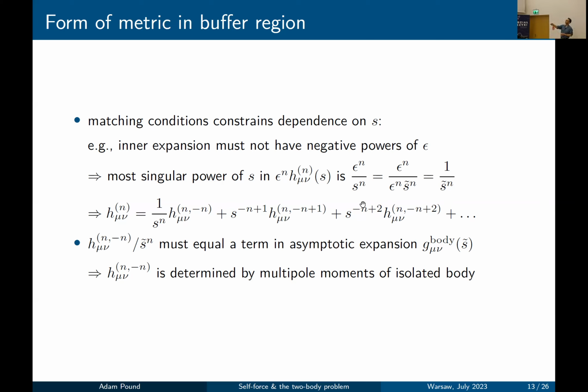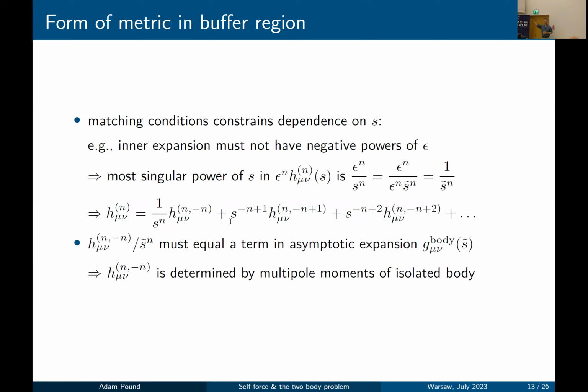Okay, so say we take the nth order perturbation and expand for small s. As I just explained, the most singular term can just be 1 over s to the n. You can't have s to the n plus 1 or anything. And then you have subleading terms that are smaller powers of 1 over s. So again, think of Coulomb potential, or just Newtonian potential, or even Schwarzschild potential.